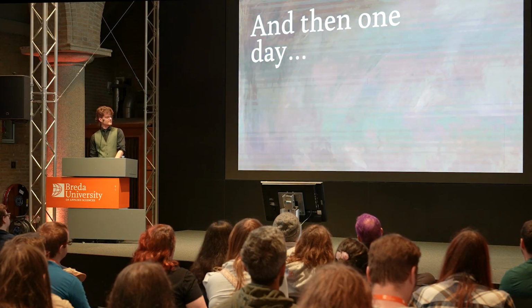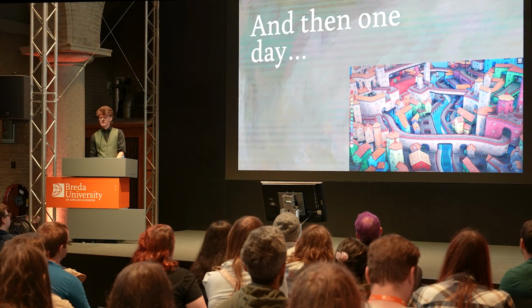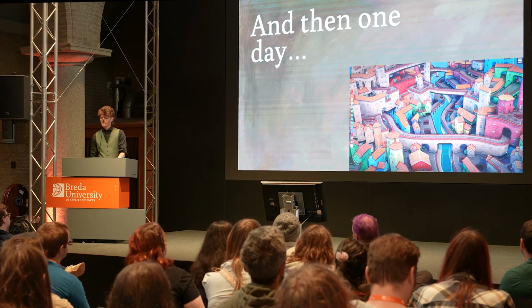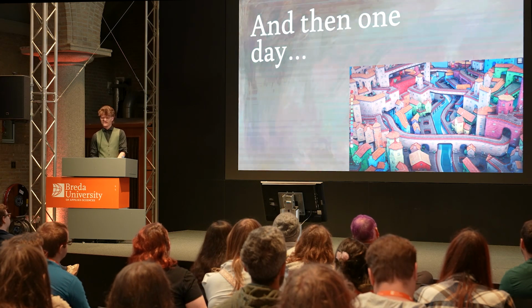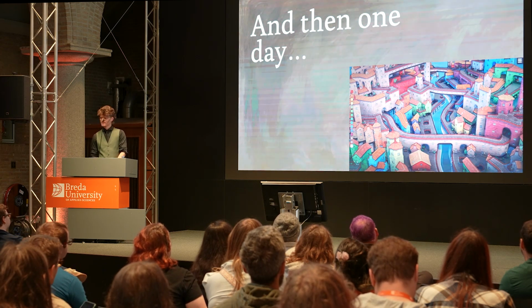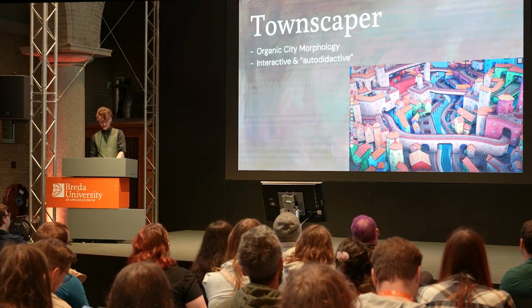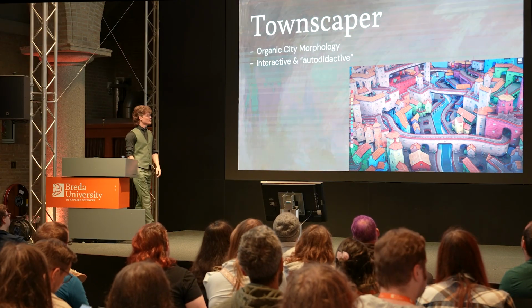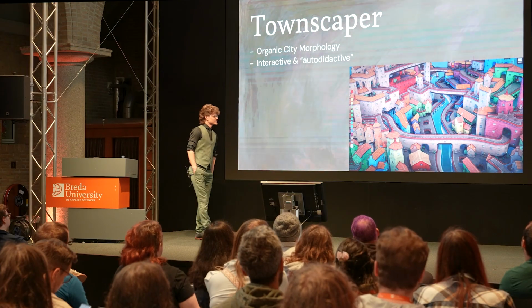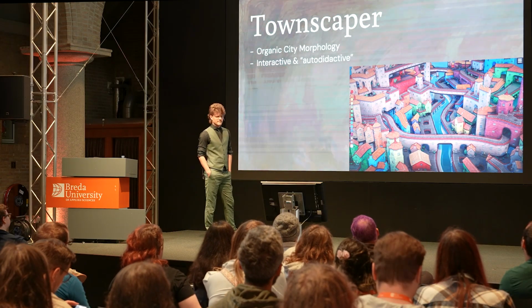And then one day, I came across this little beautiful toy, which is of course Townscaper by Oscar Stalberg, a tool I imagine most of you are quite familiar with. And I was completely blown away by what this tool did.